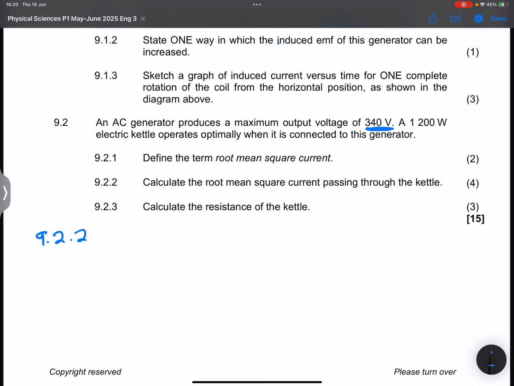Firstly, we were given Vmax. So what would we need to do? Every time we're looking at the power, this is average power, which means that P average is V RMS multiplied by I RMS. I've got the average power, which is 1200, but I don't have VRMS.